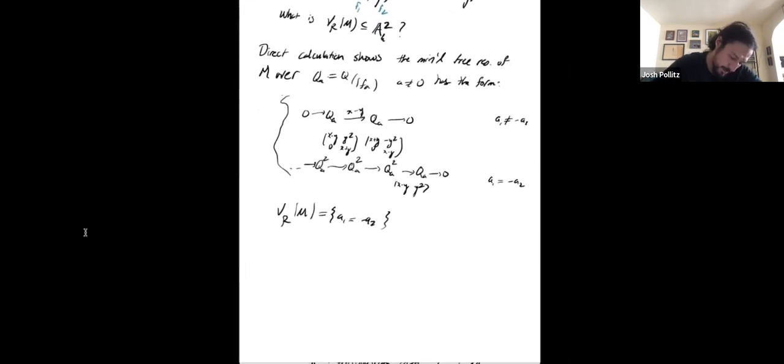Zero, y squared, x plus y. And then it just repeats from there on. So it's a concrete calculation that you can calculate the matrices that appear. And so from this, you can see what's the support variety of M in this example? It's the off diagonal, right? So it's a_1 equals negative a_2.